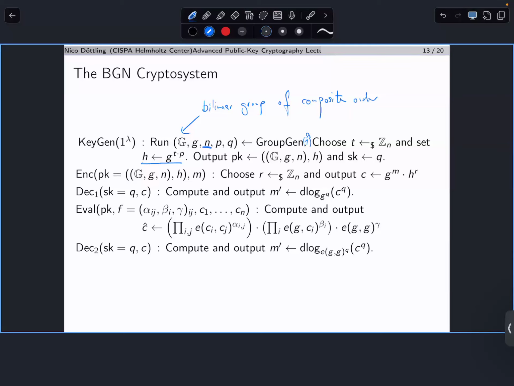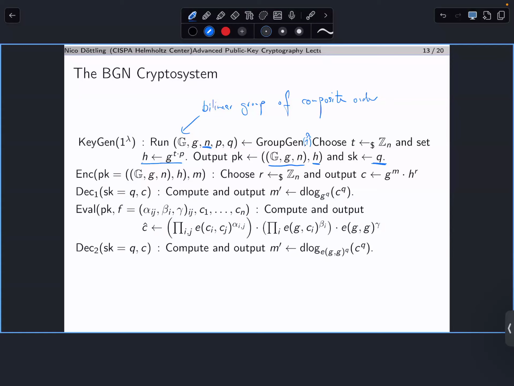Raising something to the P, you're immediately restricted to the subgroup of order Q. And since we raise it with a random T, this H is just a random element in the subgroup of order Q. Good. And now, essentially, together with a description of this group, my H is the public key. And the secret key, which we will need to decrypt, is just Q.